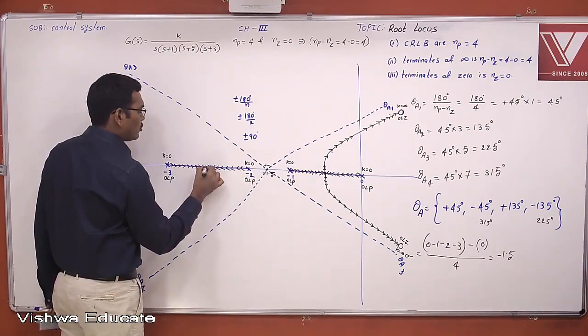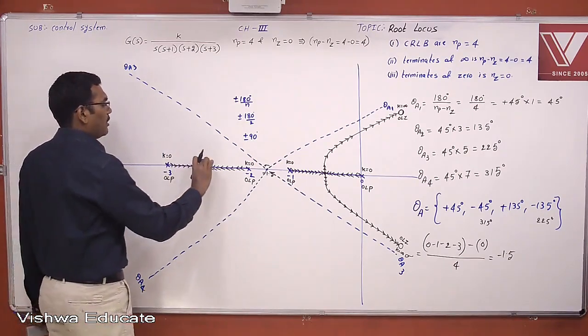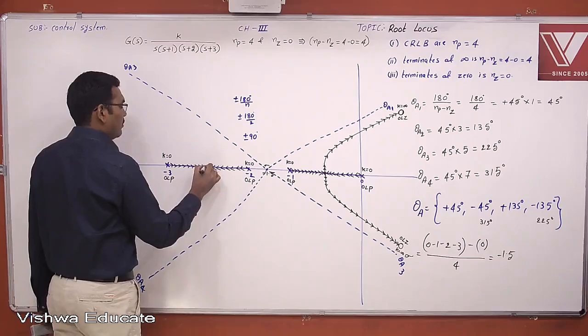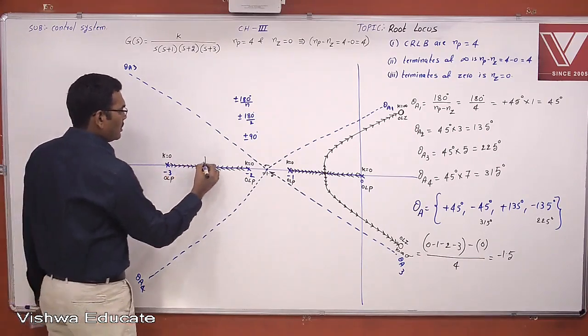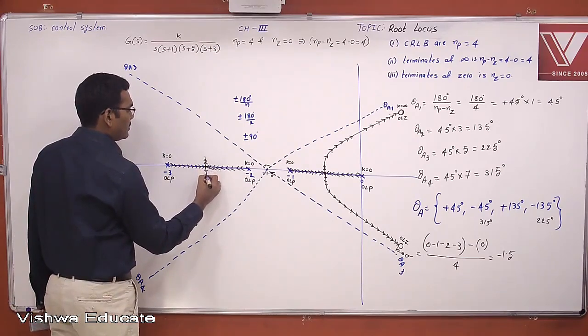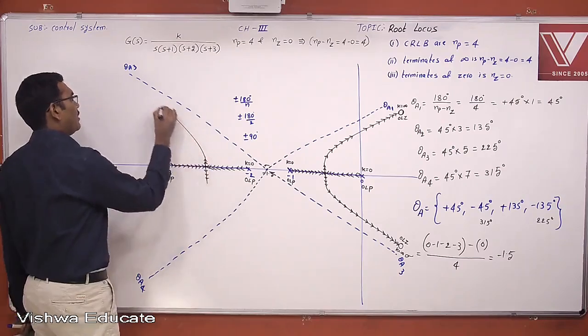Now these two closed loop poles meet at a particular point. This point is called the breakaway point, again with plus 90 degrees and minus 90 degrees. This is the leaving direction, and it will follow the angle of asymptote.